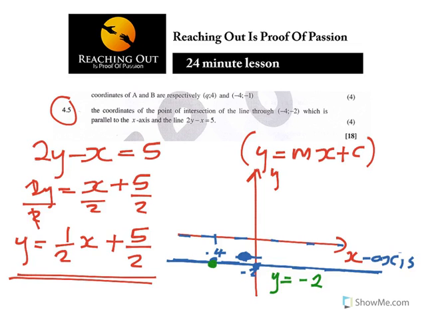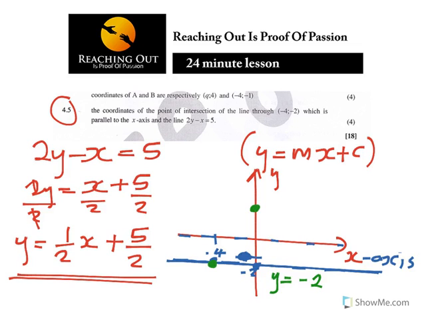When x is 0, y is 2.5, somewhere there. And if you can look at it, there is this particular line here. So what they are looking for is the coordinates. I think I drew that one wrong.